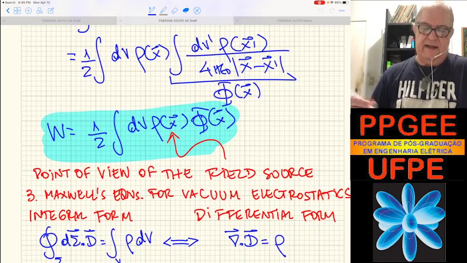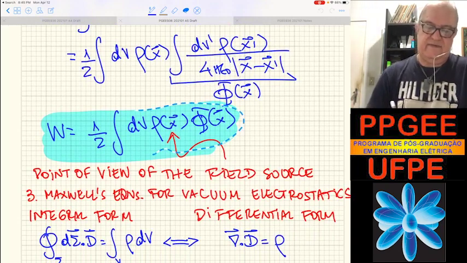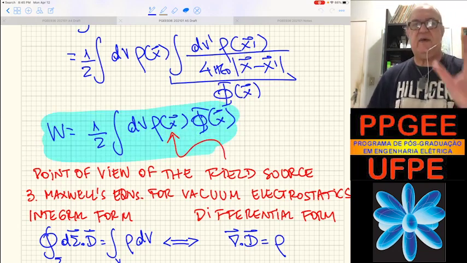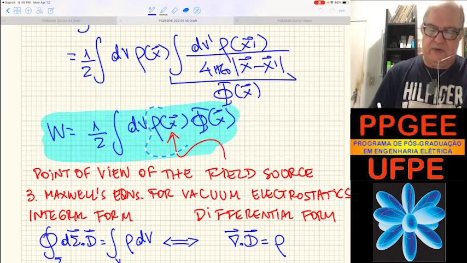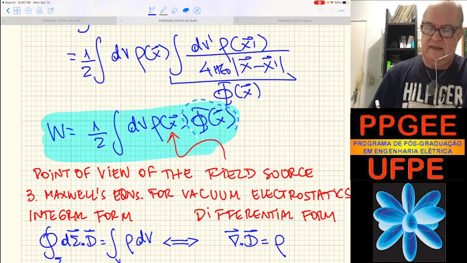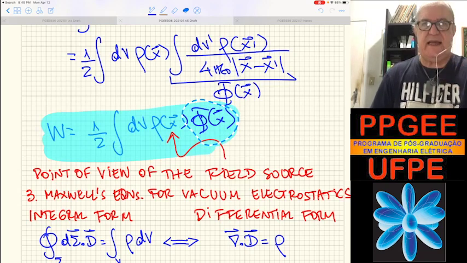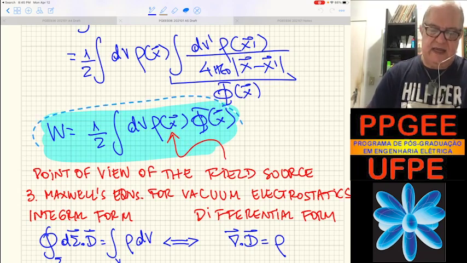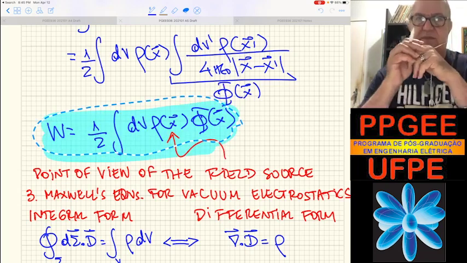For a charge distribution, you have this expression for the energy. So the charge distribution produces a potential function within it or outside it, given by the function phi of x. So this integral gives the energy of the charge distribution. Okay.